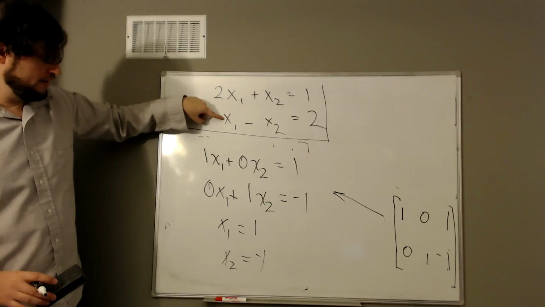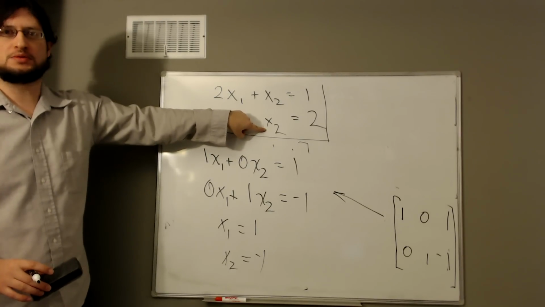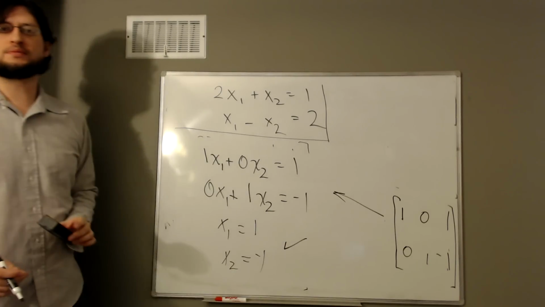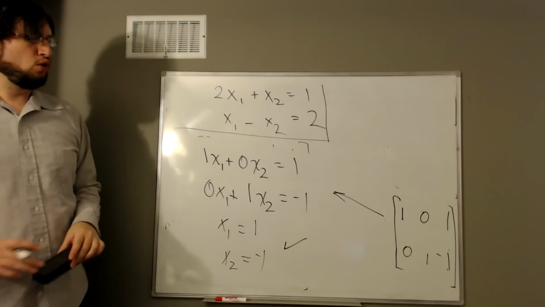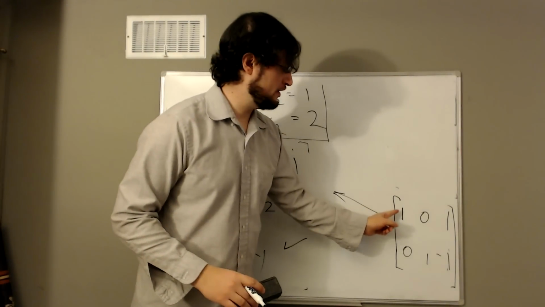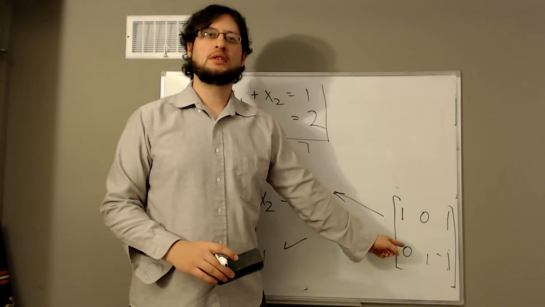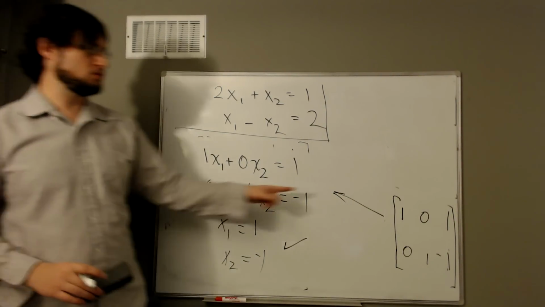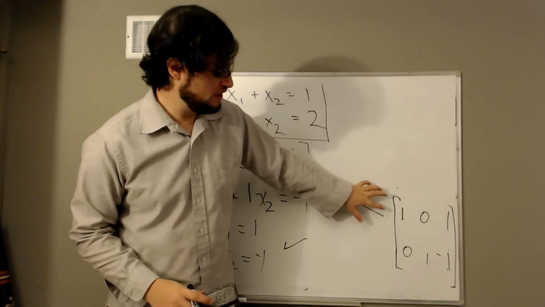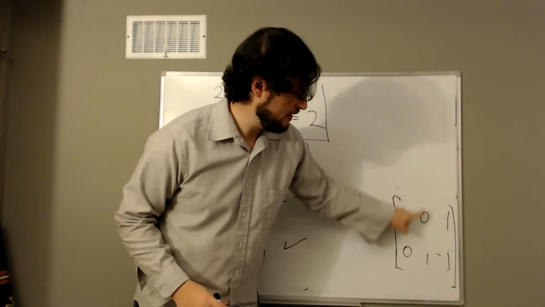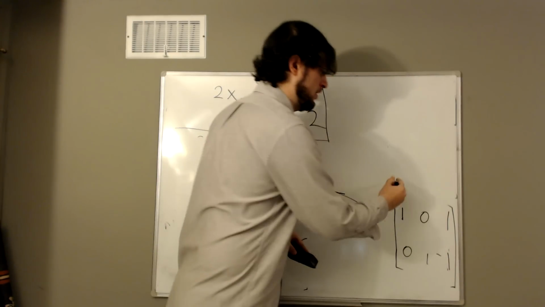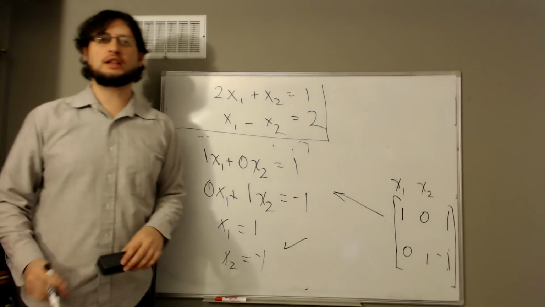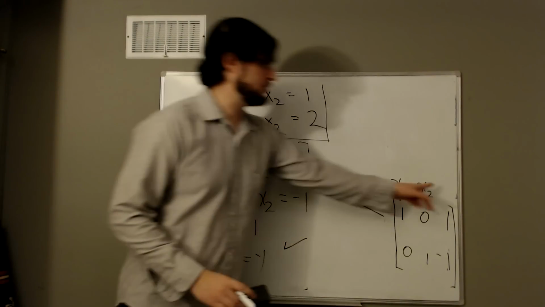And 1 minus negative 1, which is plus 1, makes 2. So this actually is the solution to the system. So the whole process of making these 1s and 0s means that I can return it to a system of equations and essentially just read off the solution. The solution here is x1 is 1, x2 is negative 1. We're thinking about this as the x1 column, this is the x2 column, and this is the constants column.